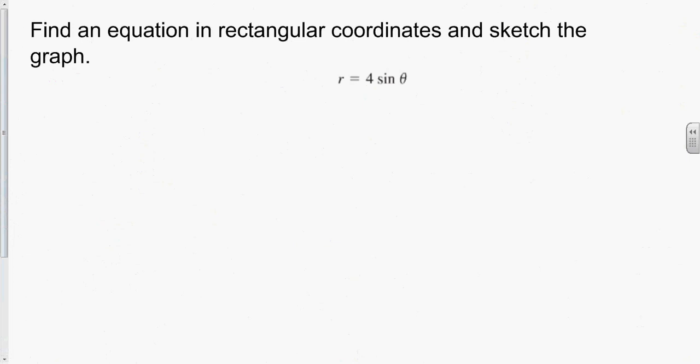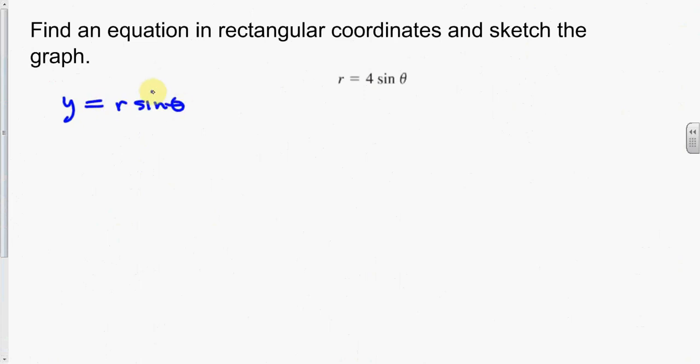So find an equation in rectangular coordinates and sketch this graph. If r is equal to 4 times sine theta, I'm thinking y equals r sine theta, because I see an r and a sine theta, right? So I'm going to write that equation. Y is equal to r sine theta.